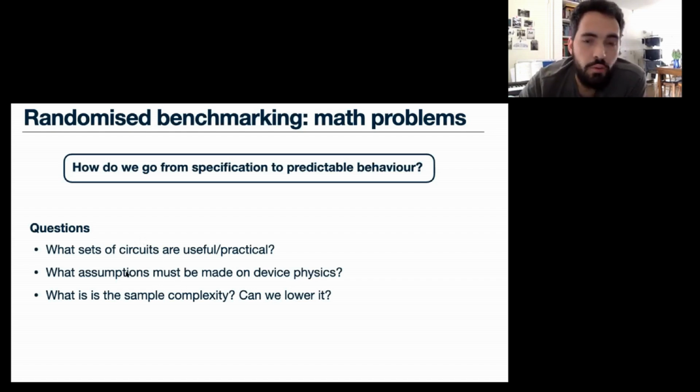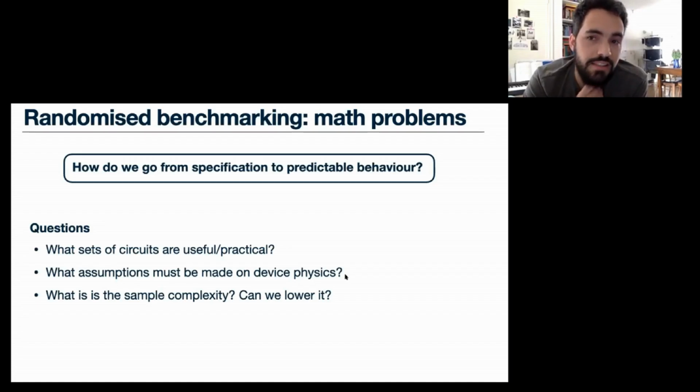Also, if I want to see this exponential and I want this decay rate to mean something, this is not necessarily informed by the specification of the protocol itself. It needs to be made reasonable by making some assumptions on the actual device physics. For instance, I could have a quantum computer that works perfectly on all days except for Tuesday.